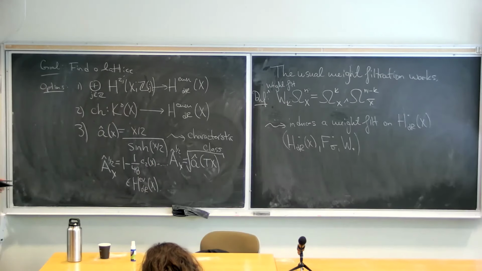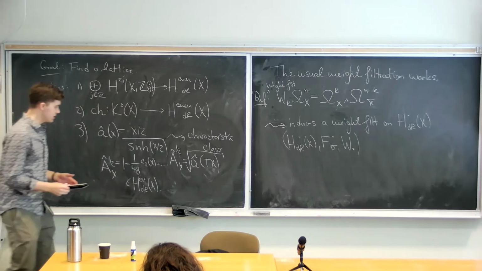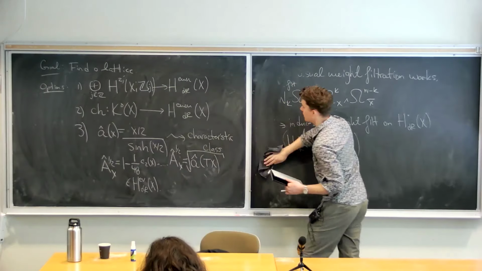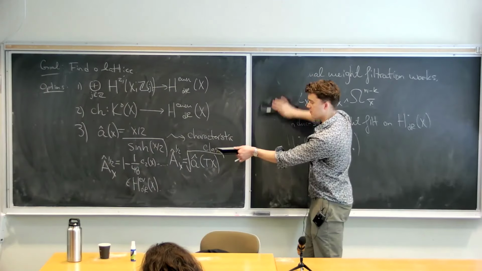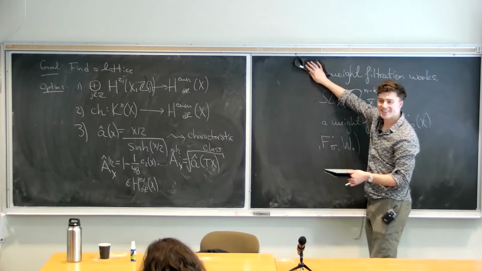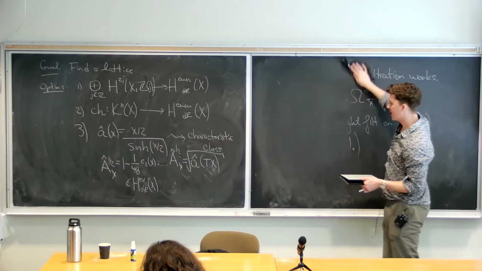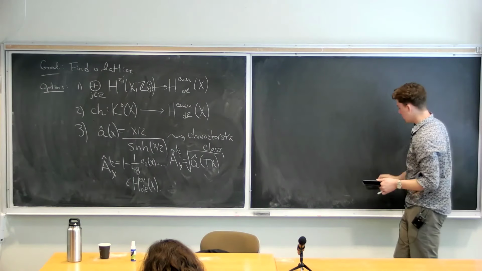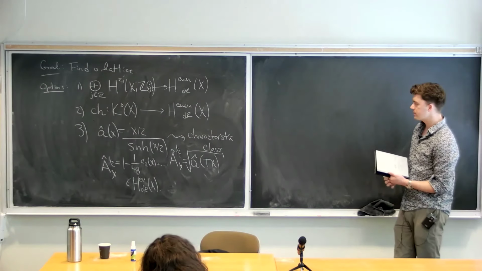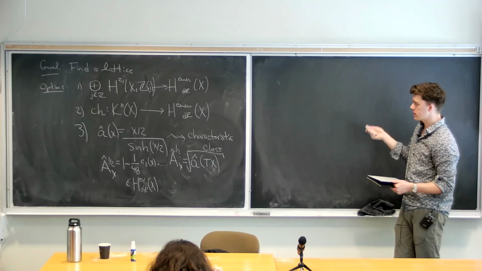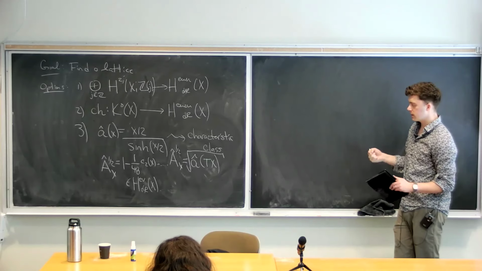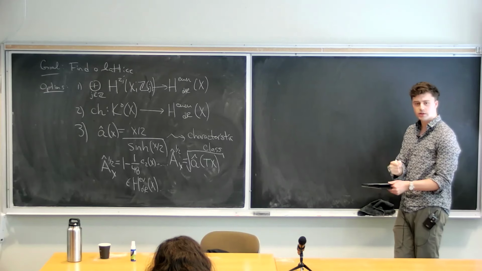Okay. So you won't believe me, but this is the best choice. The reason it is the best choice is because when you do quantization, when you look at Kontsevich's morphism, really it should be interpreted as a map from the polyvector fields on your manifold.